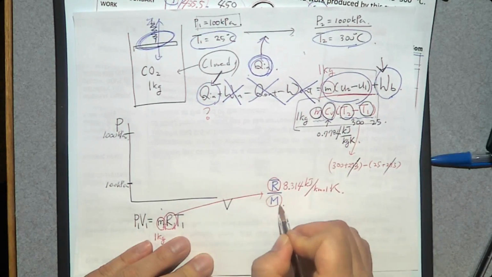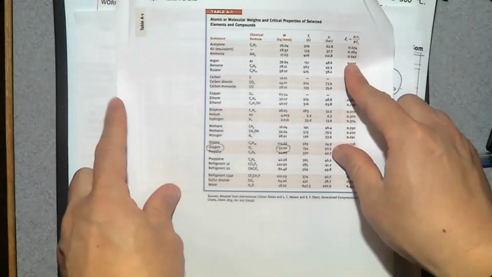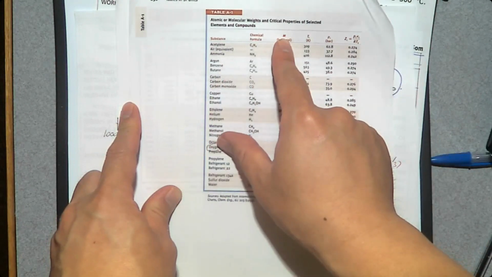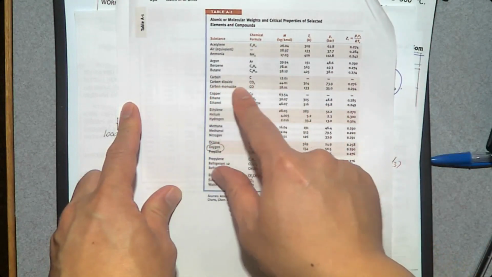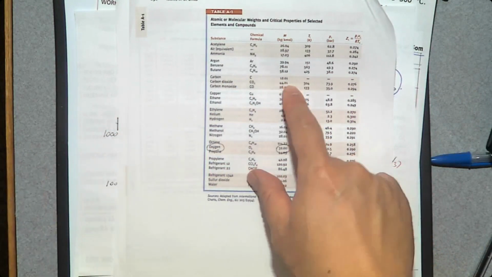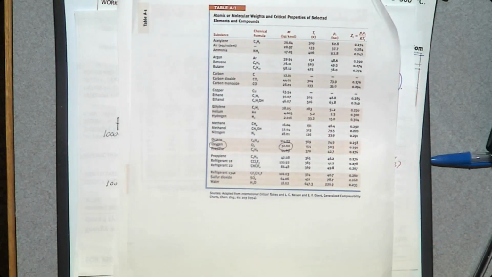What about this molecular weight? The molecular weight of carbon dioxide can be found from table A1. Table A1. Where is carbon dioxide? Right here. The molecular weight, capital M, of carbon dioxide is 44.01. By the way, this capital M is not a mass. Mass is a lowercase m. The capital M is molecular weight.